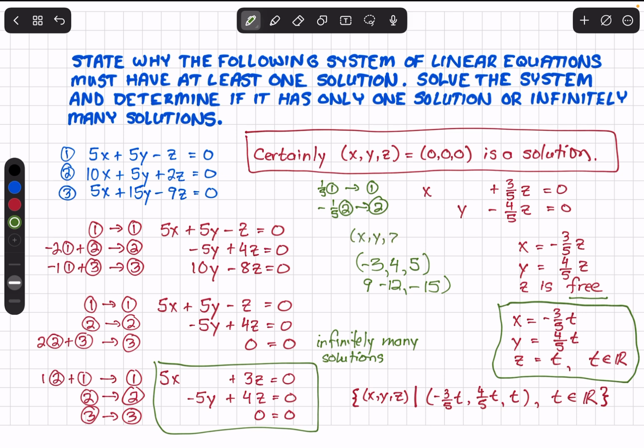So for every value that I choose for z, I can find values of x and y. Together, all three of the values make the system equal to 0, 0, and 0. So this system has infinitely many solutions, and I've demonstrated how to describe them.